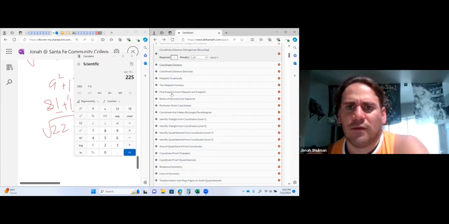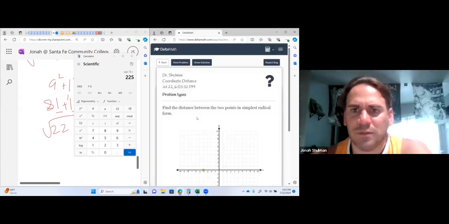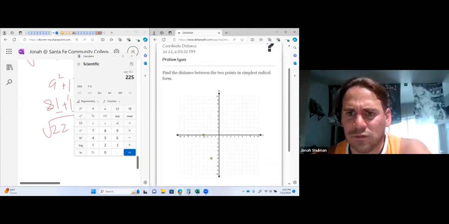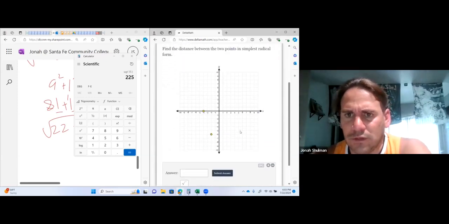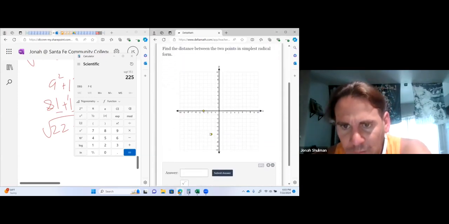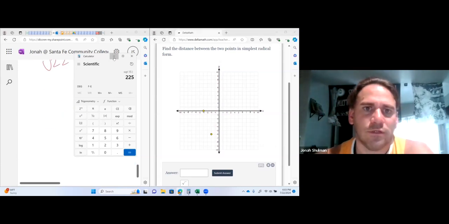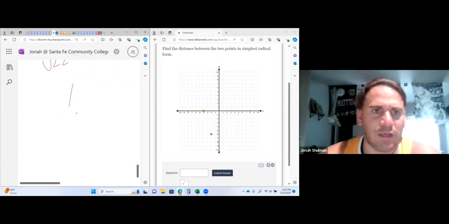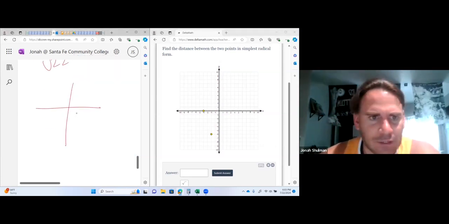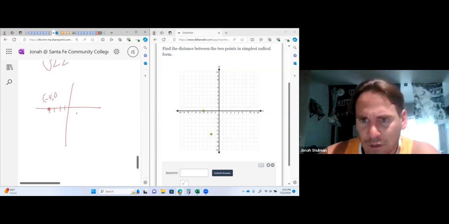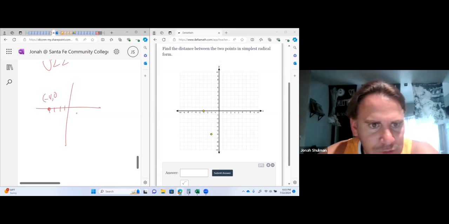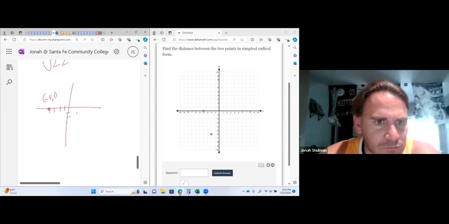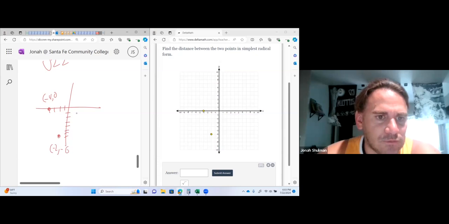Okay. So now let's do a distance, which is pretty much what we're doing. Find the distance between this point and this point. Okay, so here we go. We're basically just building a triangle here. That's all we're doing. If I have my graph, right, and we have -4, 0, and then we have -2, -6.